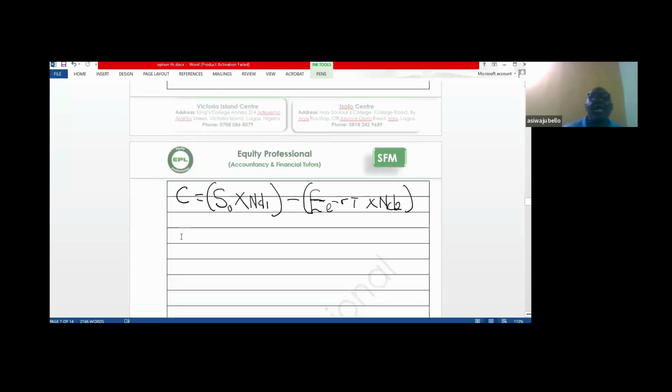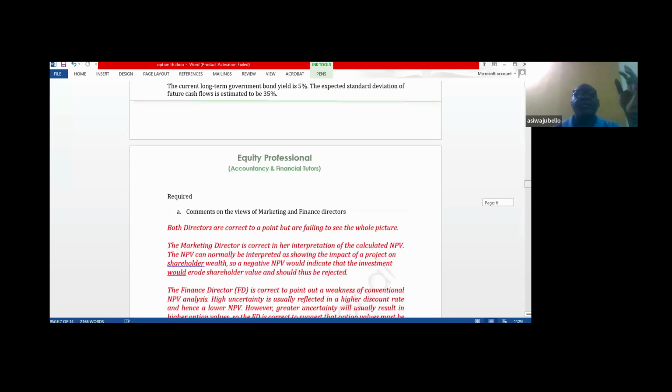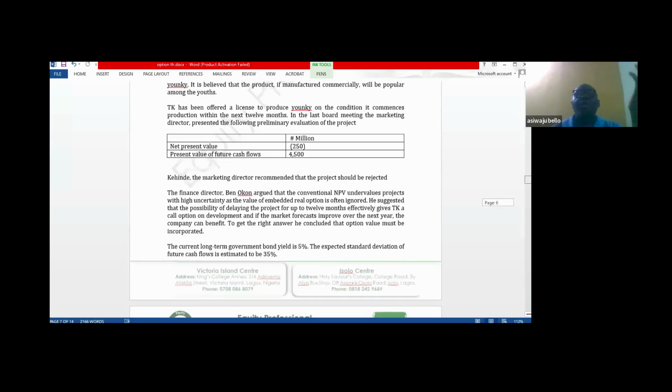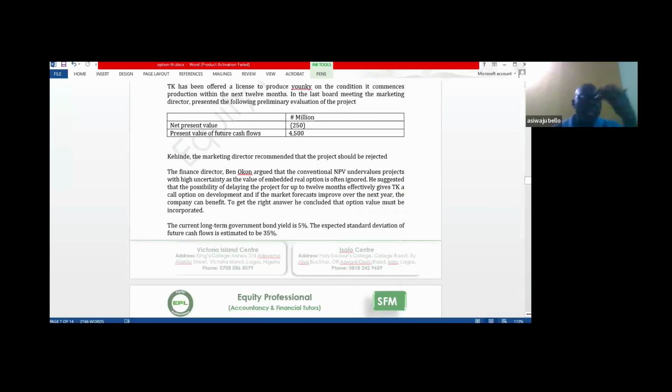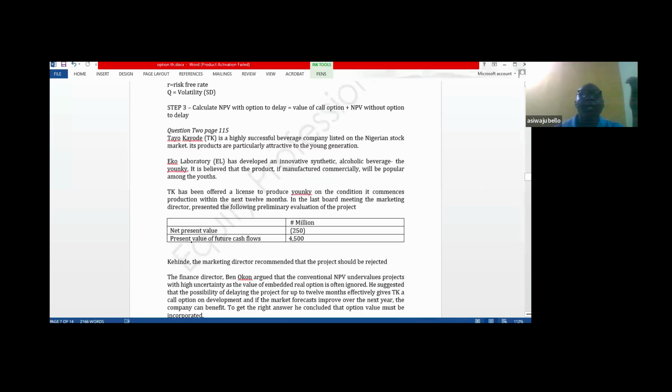And we said X0 is the present value of future cash inflows. Examiner gave you this figure freely. At times, we ignore some questions because we don't know. Look at it, examiner gave you this freely.